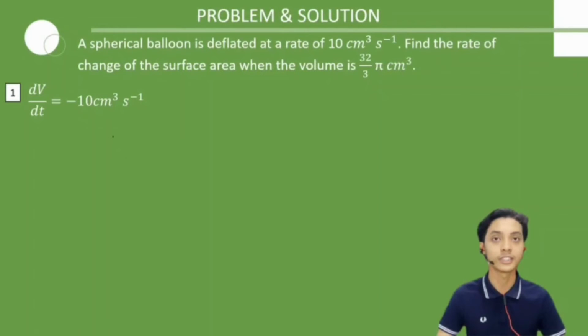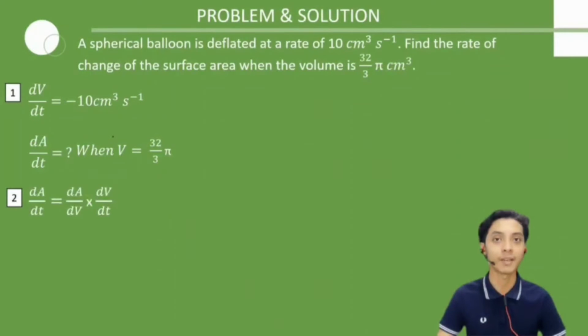The first one is dV/dt equal to negative 10 cm3. The reason it is negative 10 is because the question says the balloon is deflated at a rate of 10. Deflated means it is negative. And then what we want to find is dA/dt when the volume is 32/3 pi.